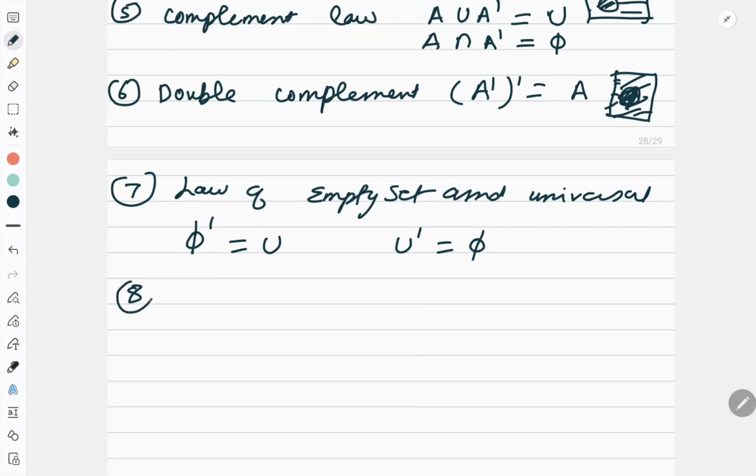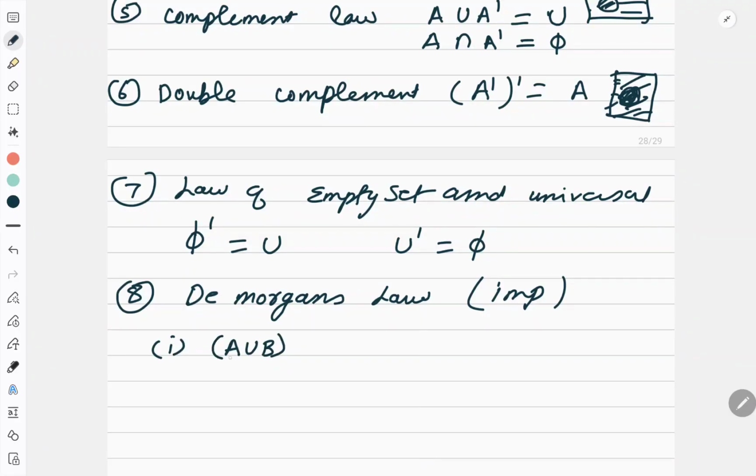Now after this you have the most important law, which is known as De Morgan's law. Now what is De Morgan's law? Under De Morgan's law we speak about two laws. First is A union B complement is A complement intersection B complement.